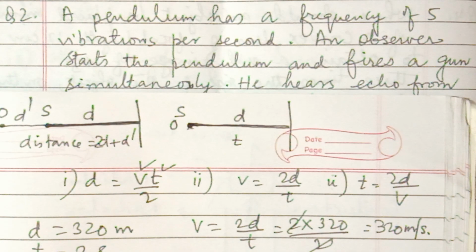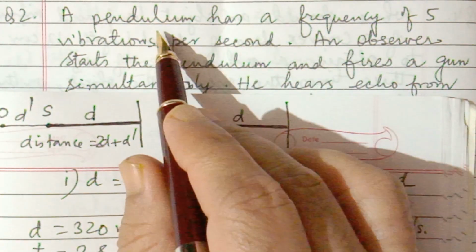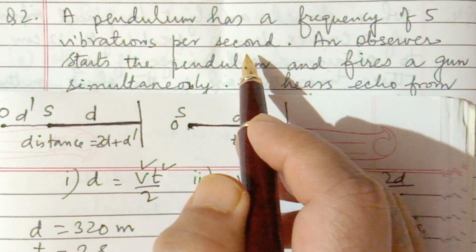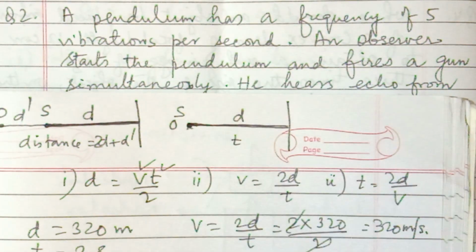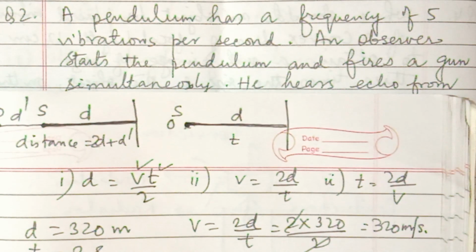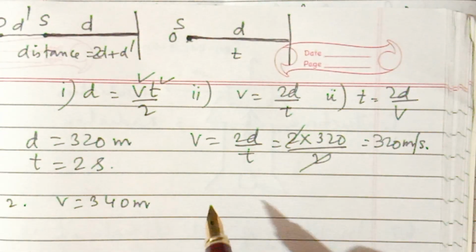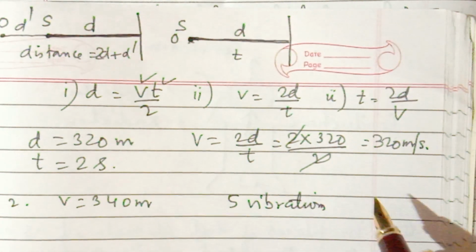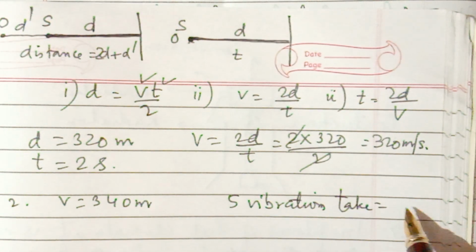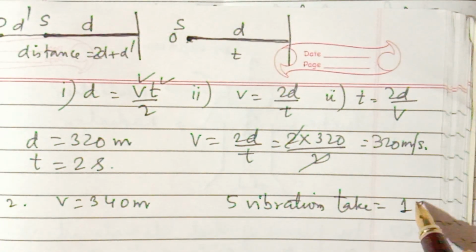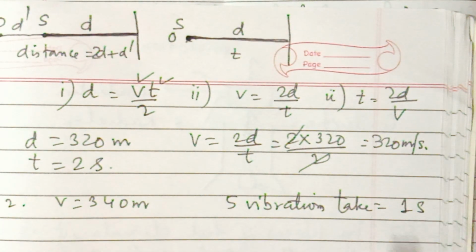If you read this question, pendulum has a frequency of 5 vibrations per second. That means in 1 second 5 vibrations are completed. That means 5 vibrations take 1 second. We need to find time, so we'll write time this side.